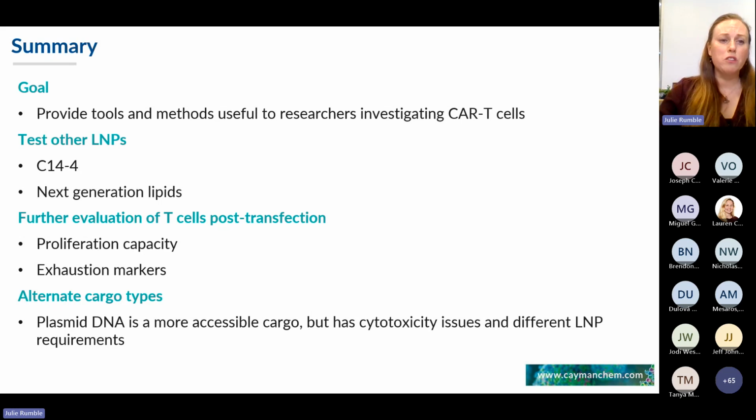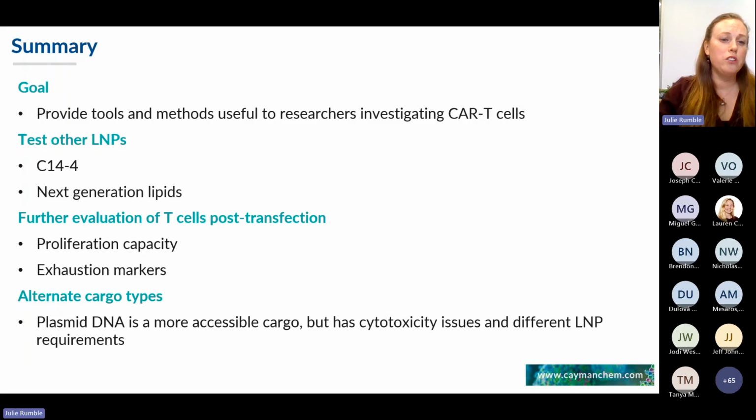On the immunological side, it will be important to further evaluate T cells in their efficacy post-transfection by looking at things like proliferation capacity and exhaustion markers, as these can impact their efficacy in vivo.